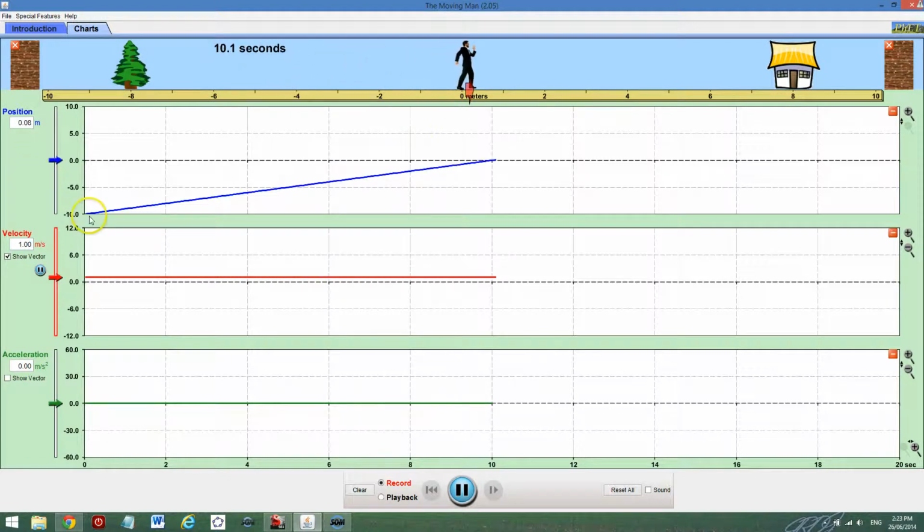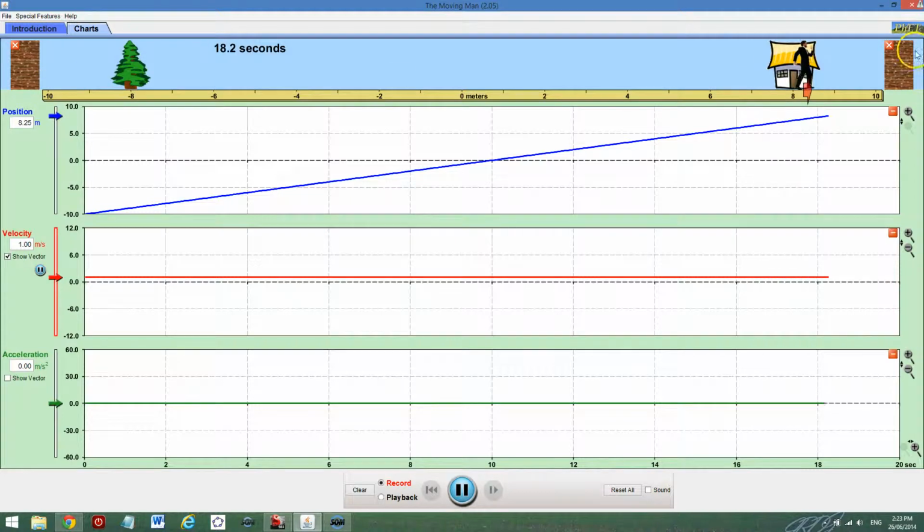On the graph, a straight line means you see the line increasing from minus 10 to 10, so he moves to the right constantly with a steady speed. On the velocity-time graph, the velocity doesn't change. The velocity is always 1 meter per second, as indicated on the graph.